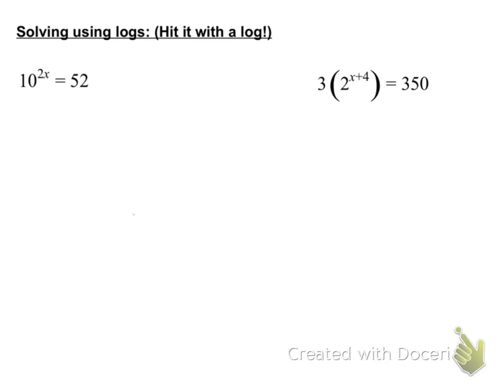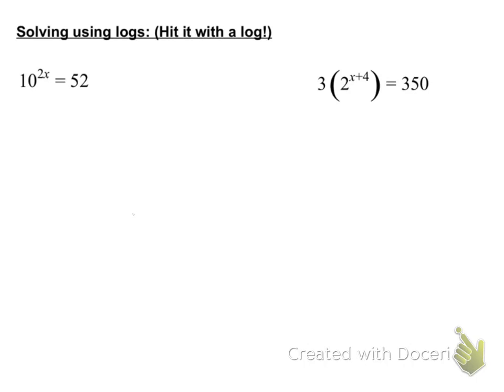Now, this is what you need to do. You need to take the log with the base that's the same as your exponent. What's the exponent on this whole problem? 2x. So the whole thing is 10 to the 2x, right? Yeah.